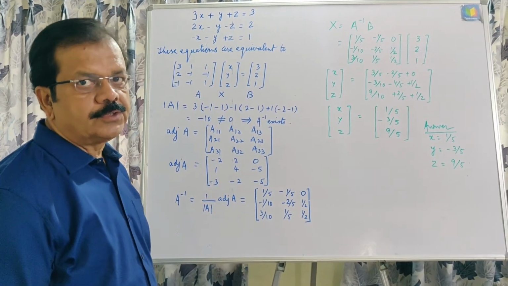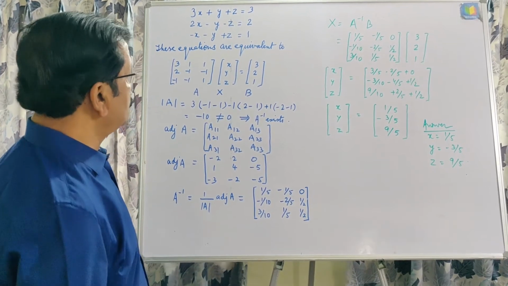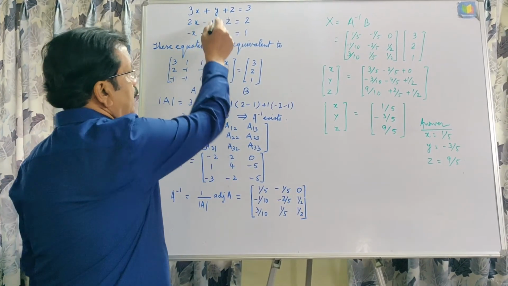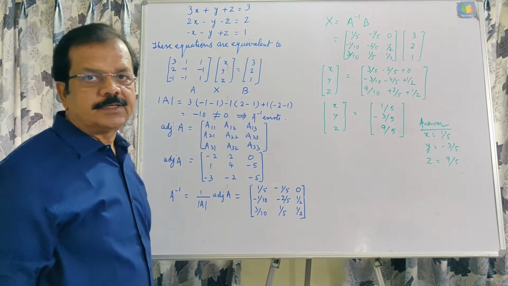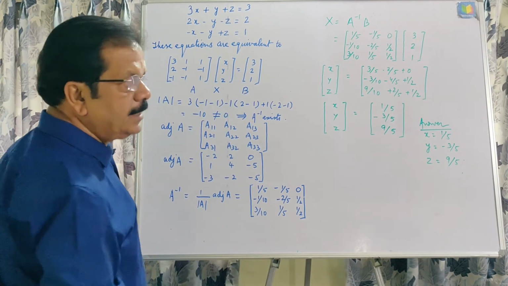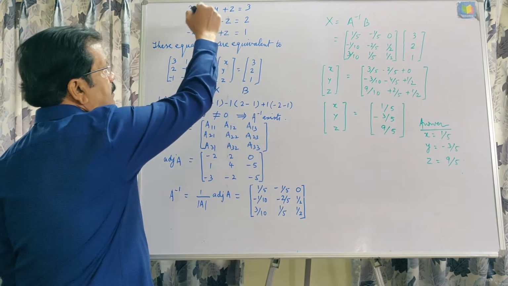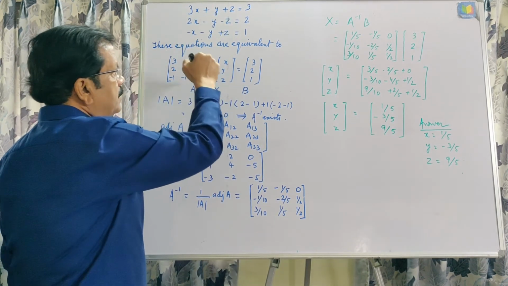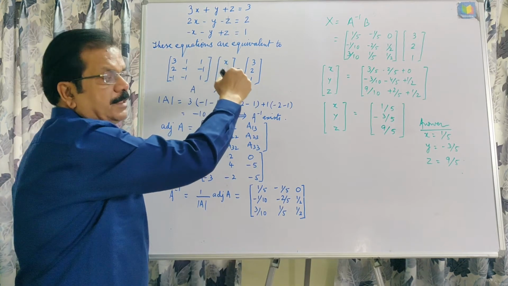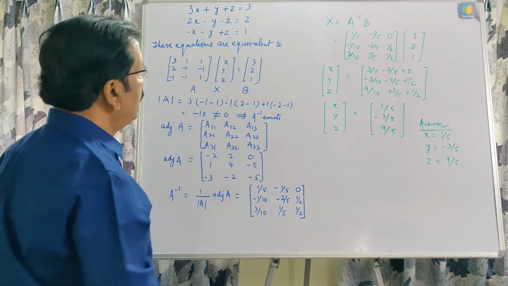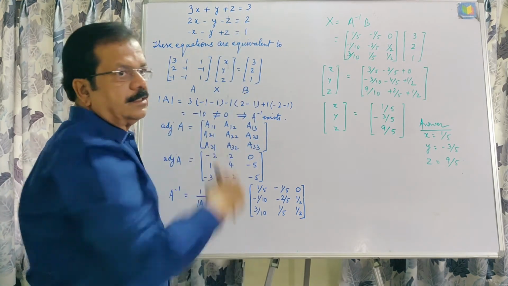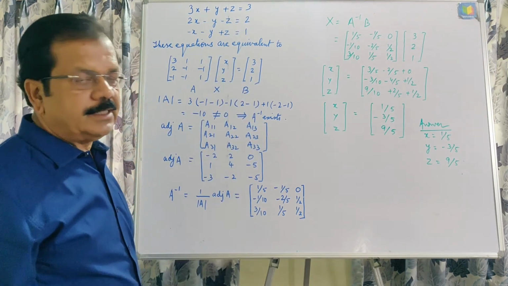In this question also, following the same way, first of all we write the given system of equations in the form of AX is equal to B, where A is the matrix of coefficients of x, y and z, capital X is the variables x, y, z, and B is the constants on the right hand side.